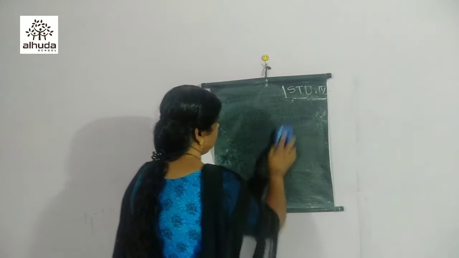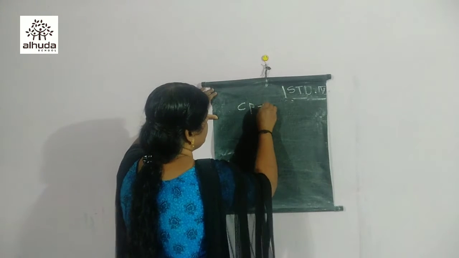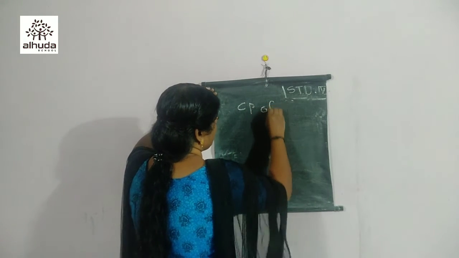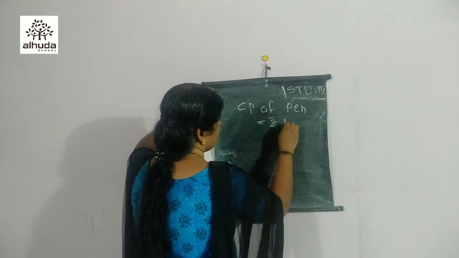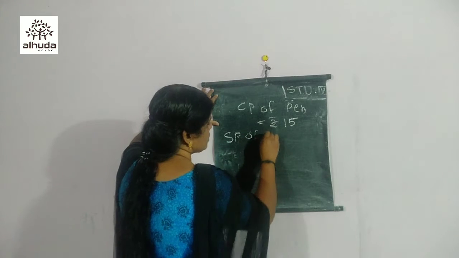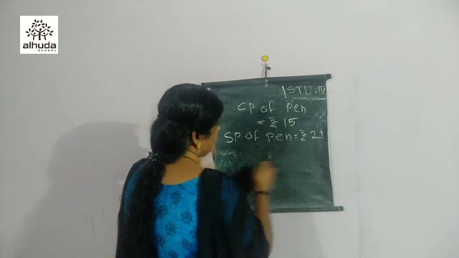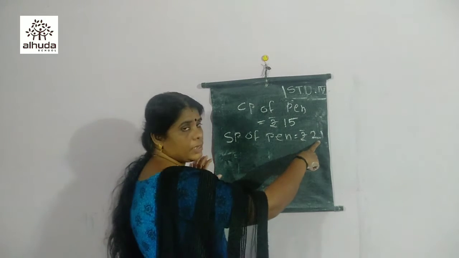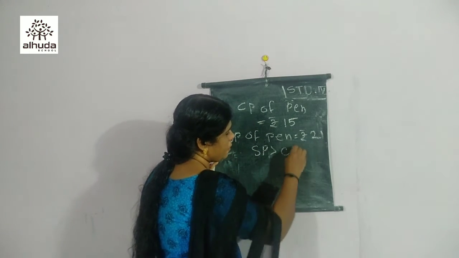CP, cost price of pen is equal to rupees 15. SP, selling price of pen is equal to rupees 21. Here rupees 21, SP, is greater than CP.